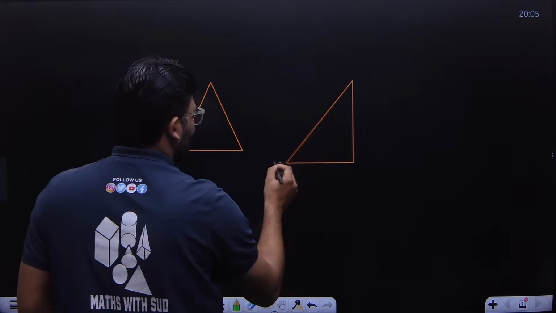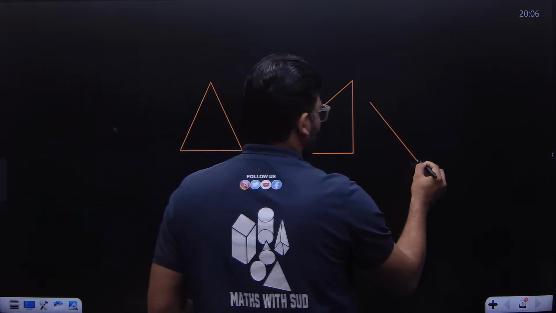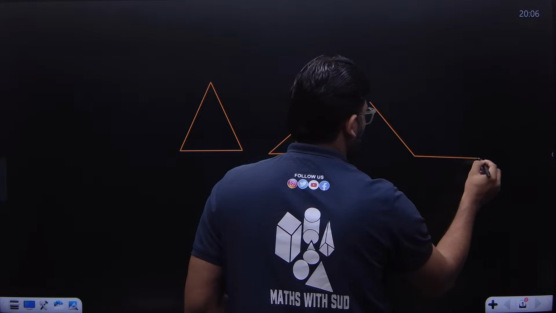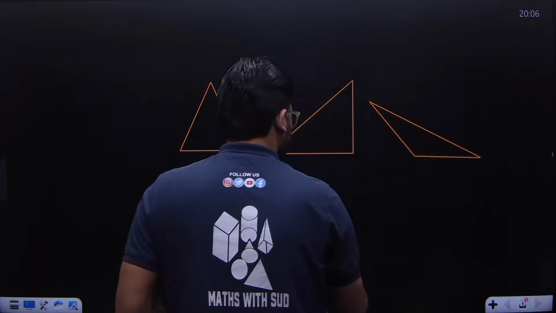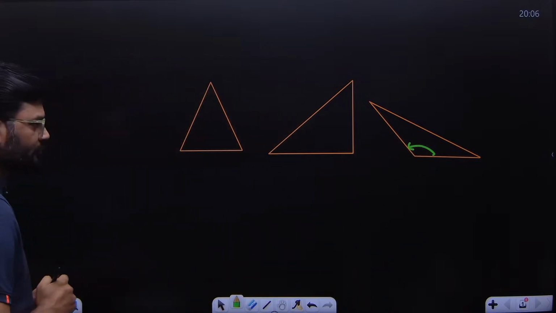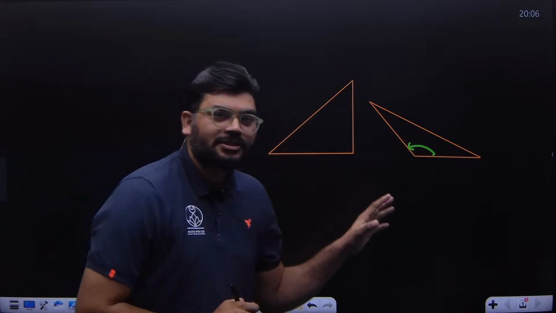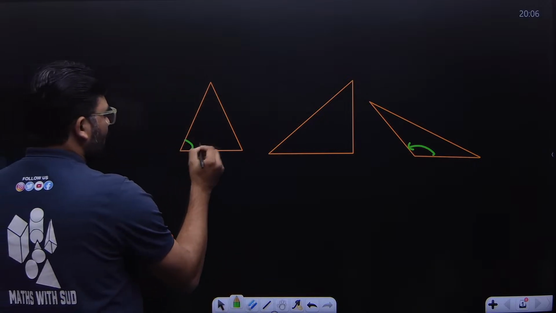This one is a right angle triangle I am drawing for you. And let me draw one more triangle, which is an obtuse angle triangle.